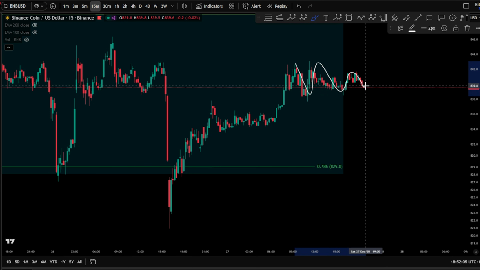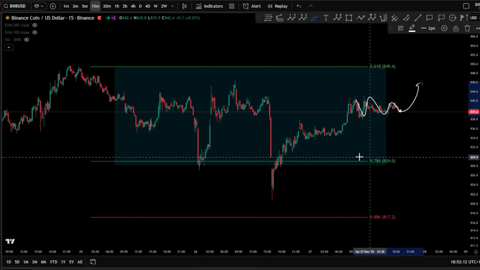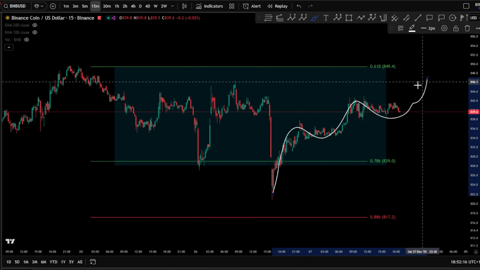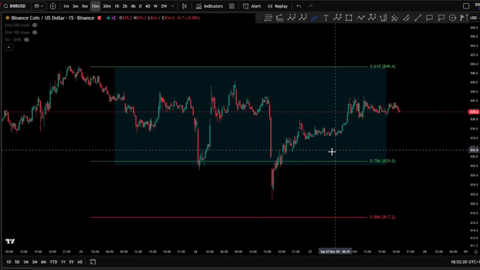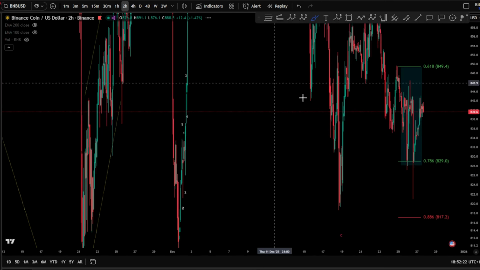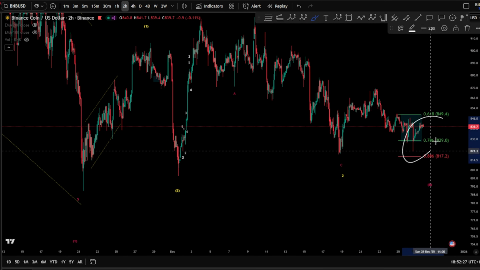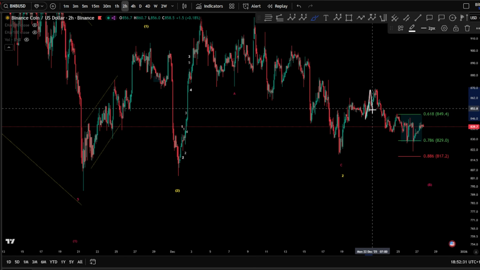In case this is a triangle, it can unfold something a little bit higher, but it can still be something very corrective in a W, X, and a Y, and then pushing for lower again. That's because the structure, even from here, is not showing strength, especially if this is a wave 5.